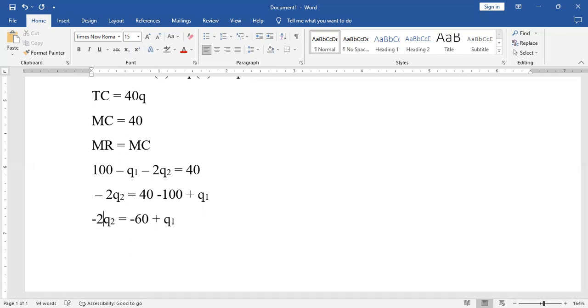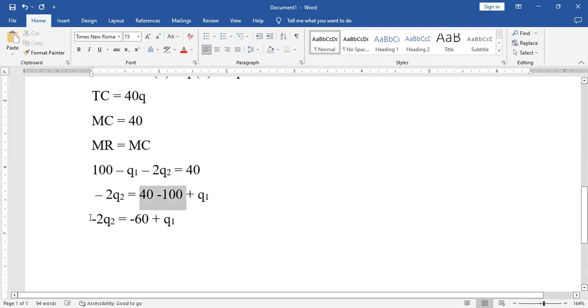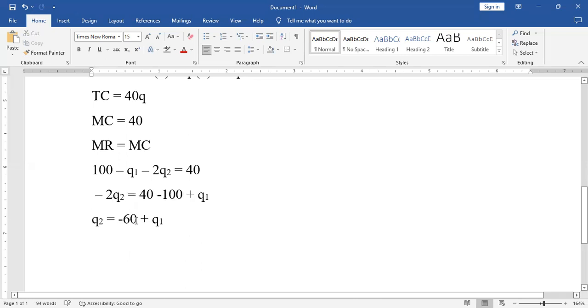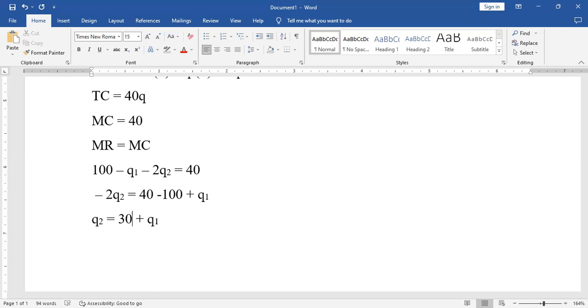We're dividing through by negative 2 everywhere, so that it disappears here. Negative 60 divided by negative 2 gives me 30, so the 30 will be here. And then negative 1 divided by negative 2, there is a 1 here, I have negative 0.5, so negative 0.5 Q1.